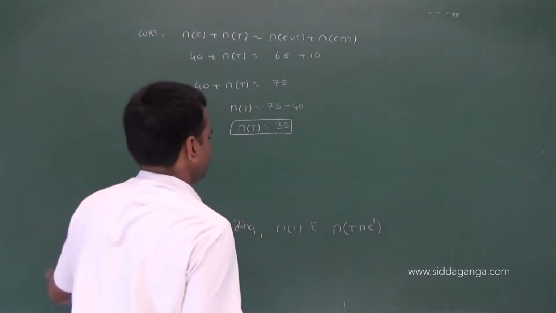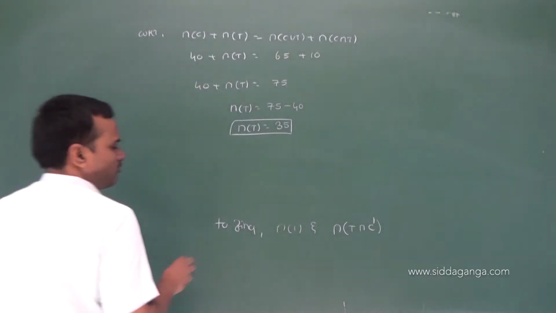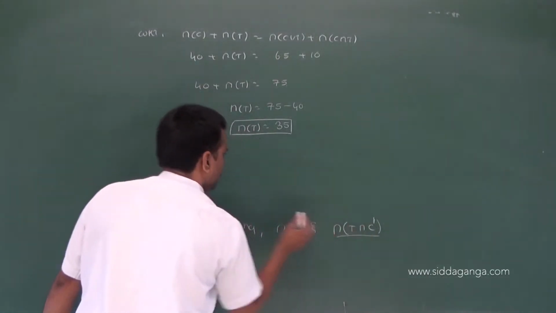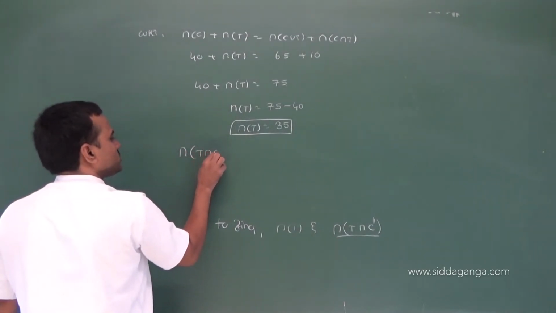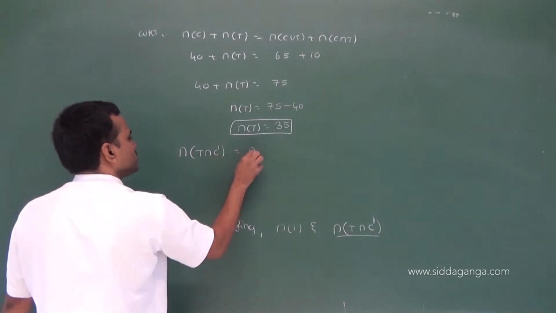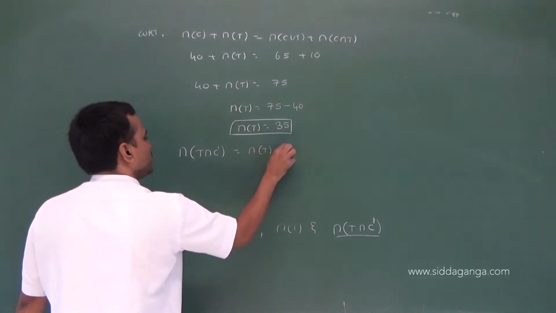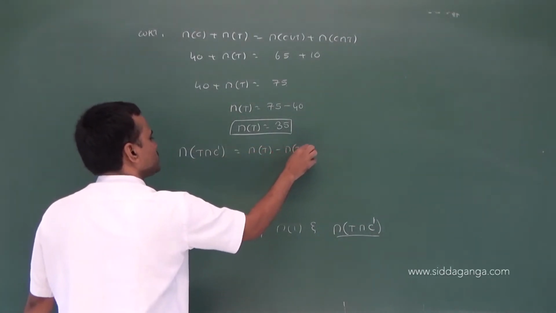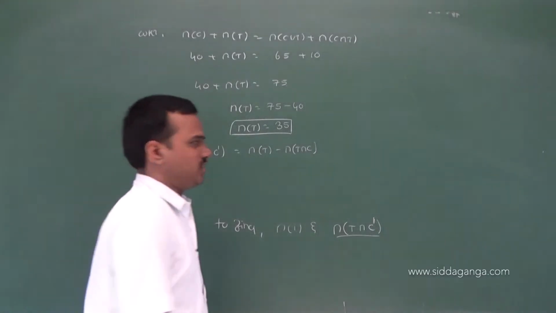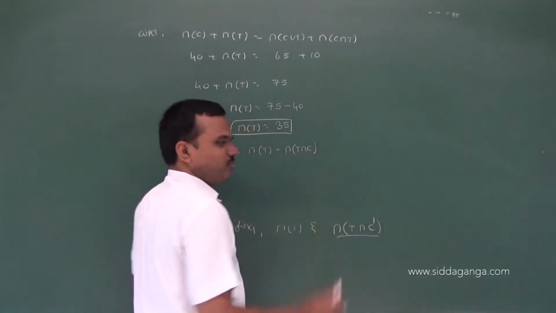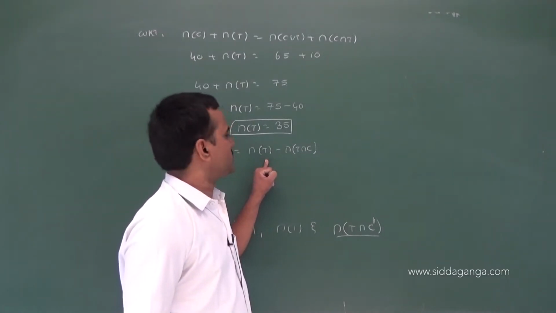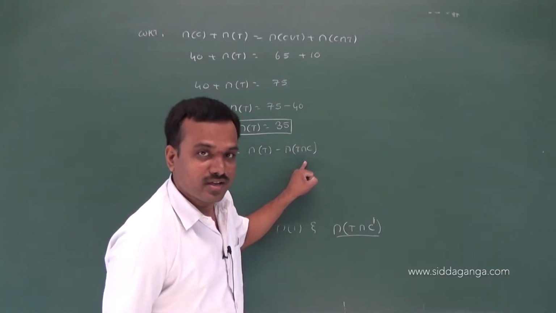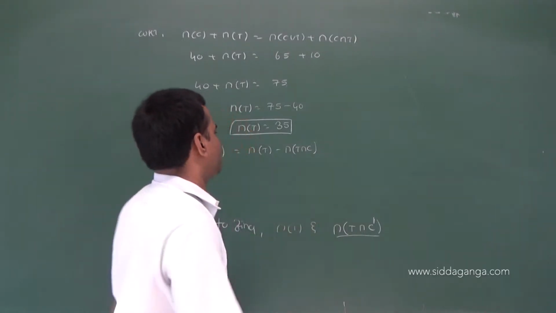Then second one. Set of people who like tennis only, not cricket. N of T intersection C dash. That means n of T minus n of T intersection C. Correct now? So we remove from tennis those who like both cricket and tennis.